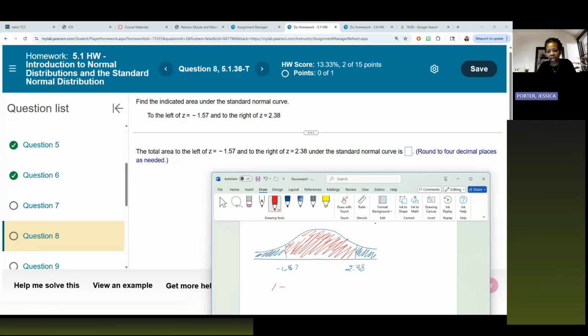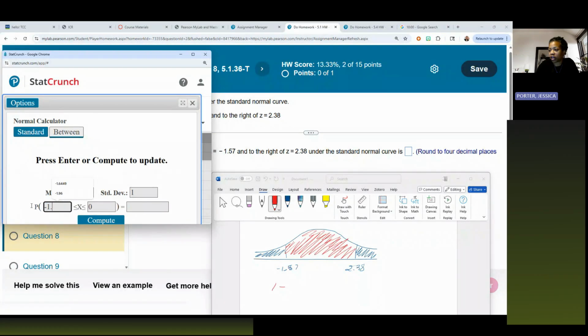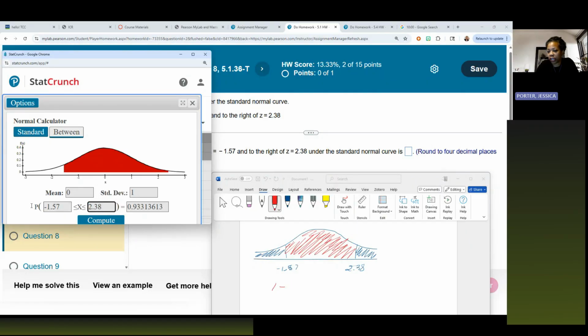Let's see if we come up with the same answer. I go between, and the between area for negative 1.57 and 2.38 gives me 0.93313.